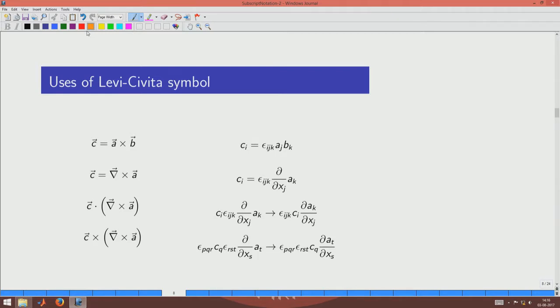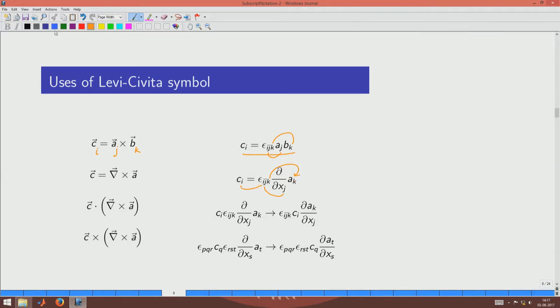So, here we can see that if I want to give the indices of A and B, then that of C will be i, and you can see that the second index is matching that of A, the third index is matching that of B. So, the remaining index, which is the free index, becomes the index of C. Similarly we can write it for the curl product. Here also we have seen that the j is matching here, and then the k is matching here, and then the remaining index is here.